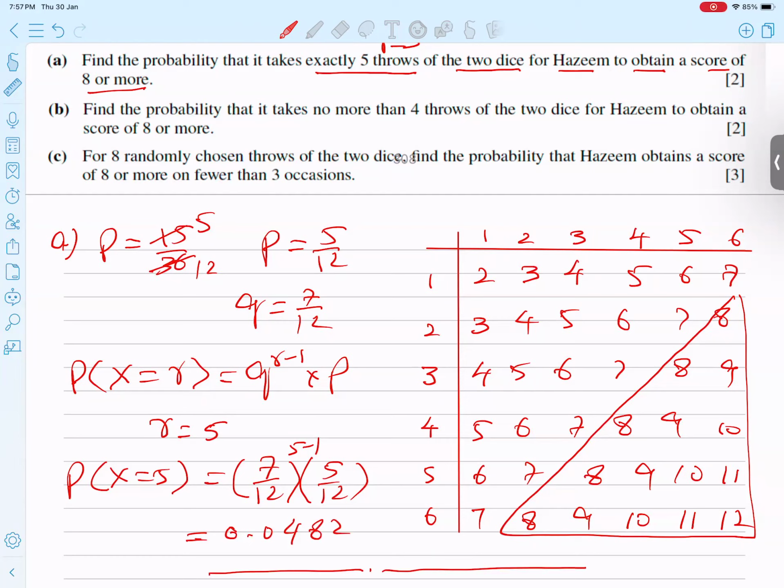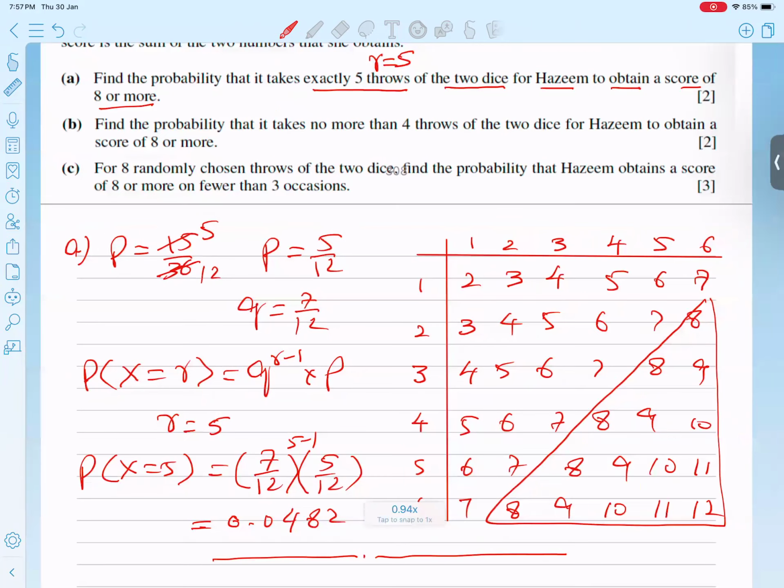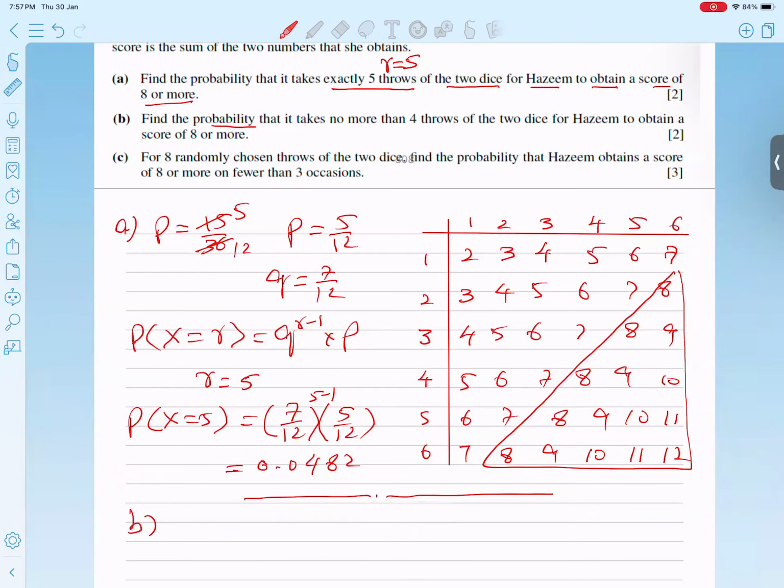So let's go for part B. Part B says the probability that it takes no more than 4. If I show it on a number line, no more than 4 obtained means 1, 2, 3, 4, 5, 6: 4 and lesser.